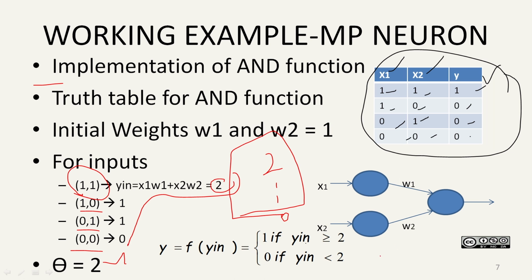So this is the way you need to calculate the working example of an MP neuron, particularly for designing any logical gates. That is the idea behind understanding the MP neuron. Let me come to the next model, Hebb.